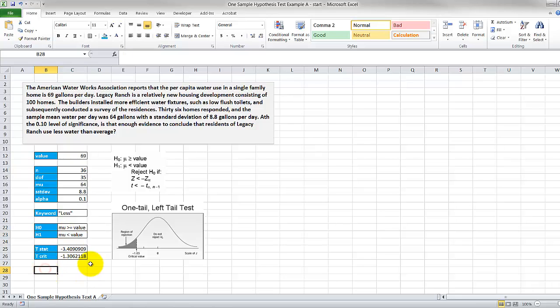So that is the conclusion, that Legacy Ranch uses less water than the average, which we're basically taking as the average reported by the American Water Association report. So this is the final conclusion of this problem. And let me just finalize by adding some formatting.